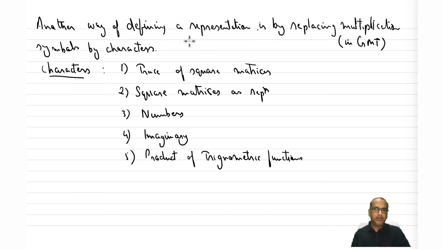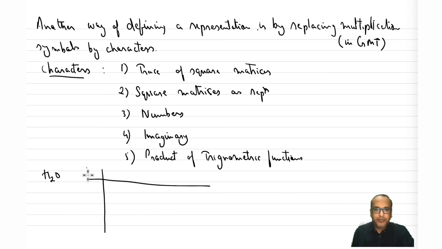Let us again take the example of water. So under the C2V point group, we had E, C2, sigma V1, sigma V2. Now, one of the representations we have seen is that using the XYZ basis we got a 3 cross 3 matrix, and we wrote that matrix as the representation. Now I am saying that I can choose numbers also, as long as those numbers follow the rules of GMT. So what do I mean by following the rules of GMT?